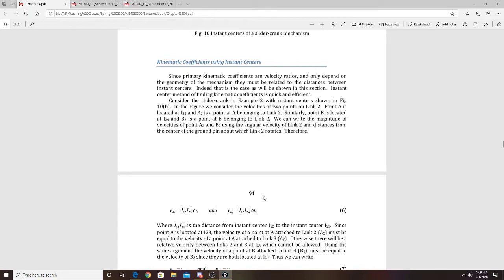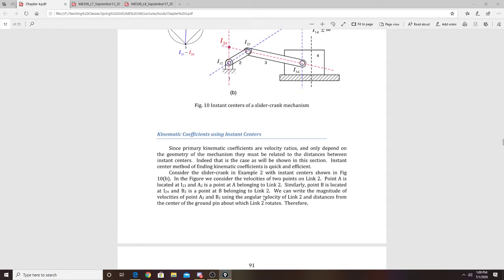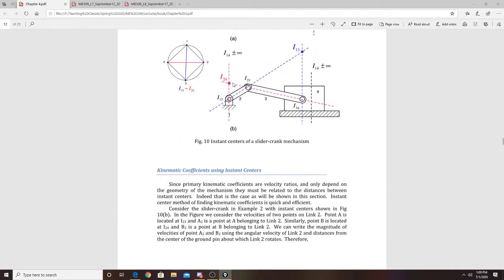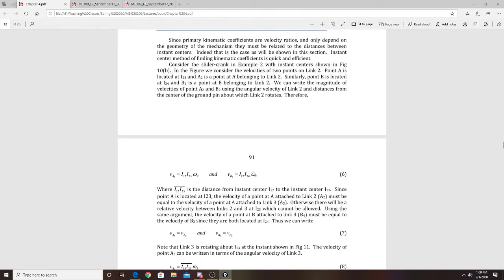And VB2 is I12 here, and I24, which is over here, times omega 2. Where I12 I23 is the distance from instant center I12 to instant center I23.